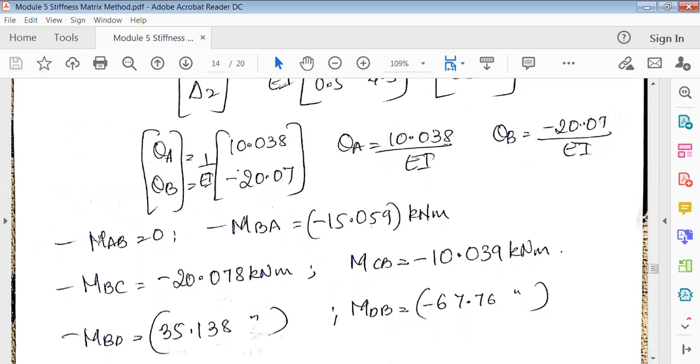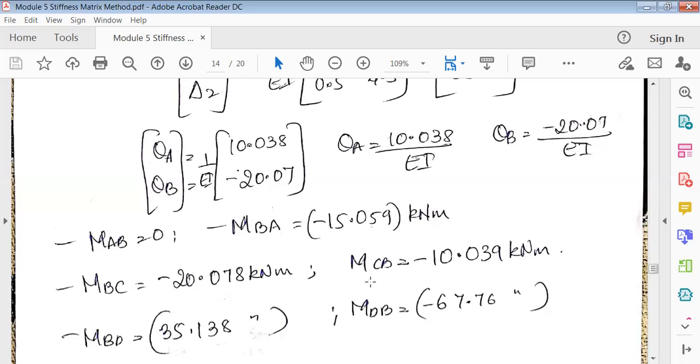Rest all will be same. Next, similarly MBA, same formula. MFBA plus 2EI by L, then 2 times theta B plus theta A minus 3 delta by L. Put the same slope deflection formula and solve this. Then you get MAB, BA, BC, CB and BD and DB.